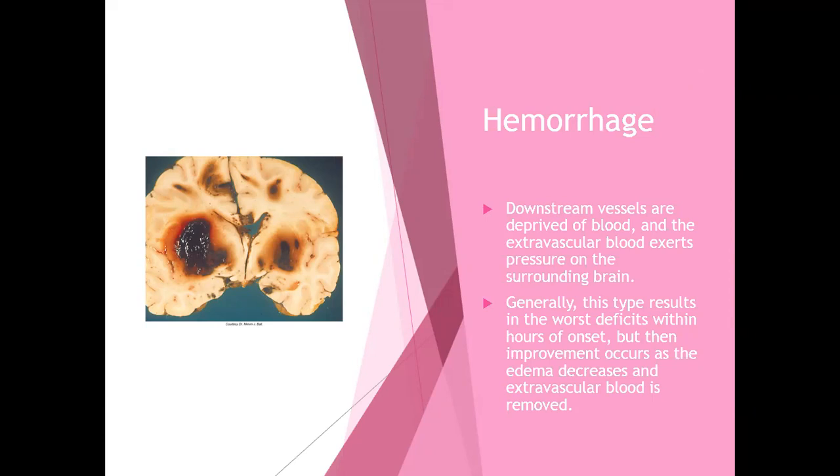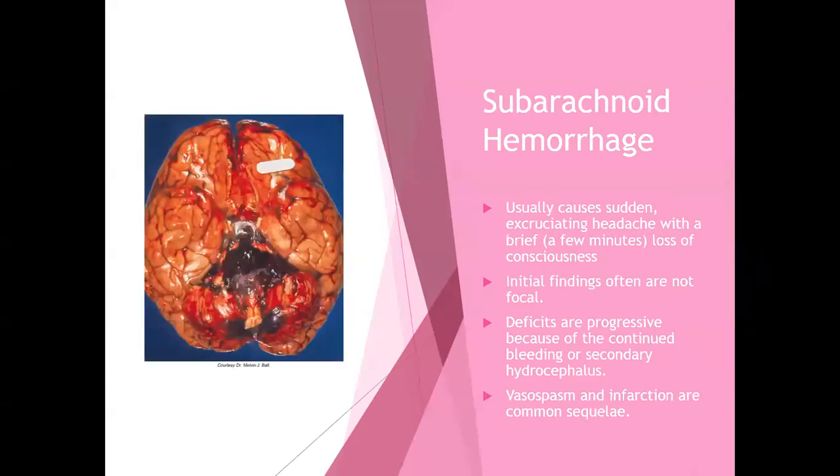So the ischemic strokes are far more common than the hemorrhagic strokes. A subarachnoid hemorrhage usually causes sudden excruciating headaches with a brief loss of consciousness. So a lot of times findings aren't focal, meaning there's not one particular spot that is having an issue like it is with a CVA.